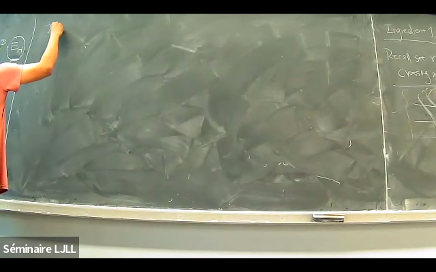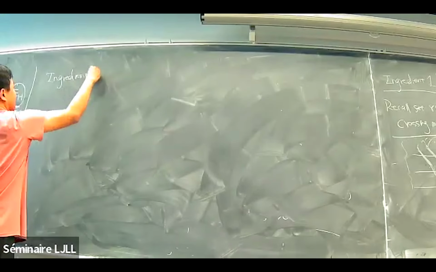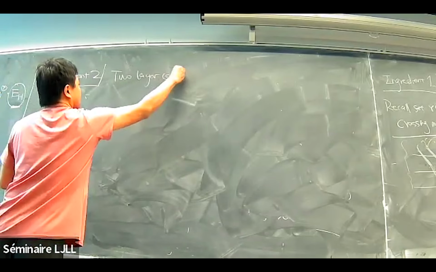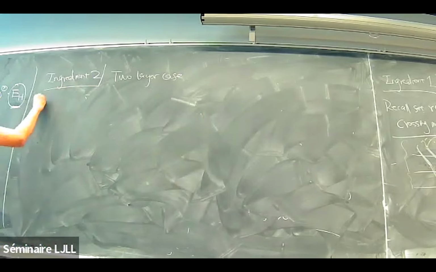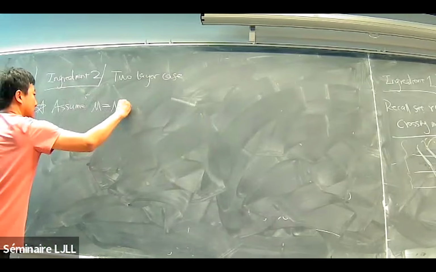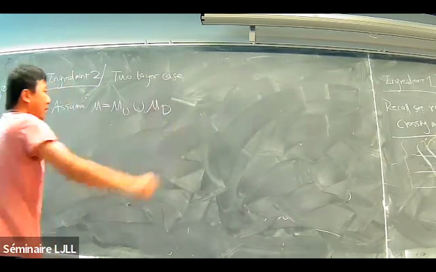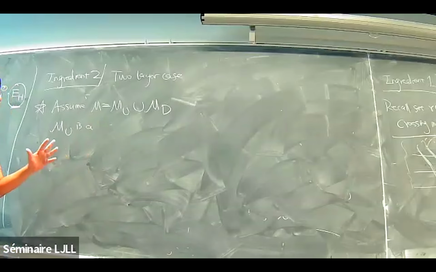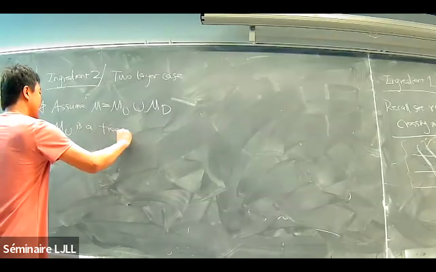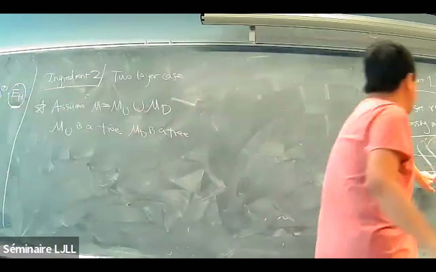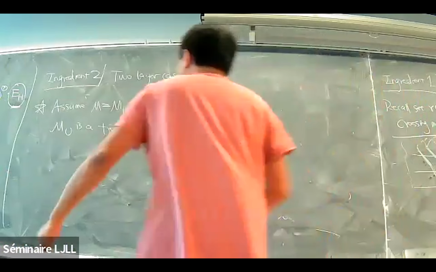So assume the following assumptions. Now M contains 2 layers, one up and one down, and MU is a forest, or let's assume it's a tree, just for simplicity. And from these reconnections, there are a lot of connections between MU and MD.